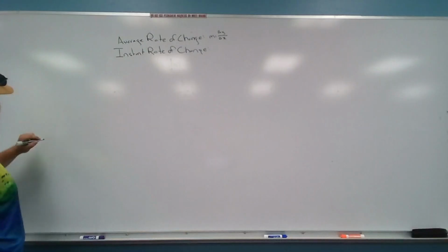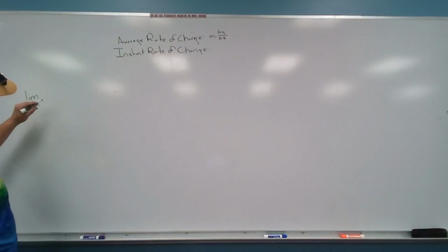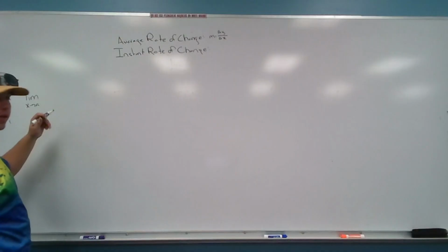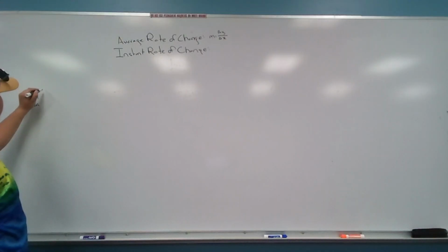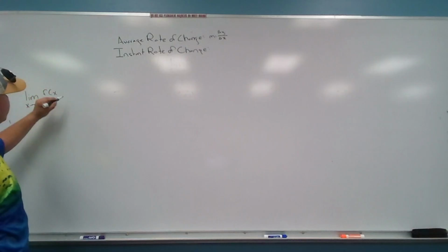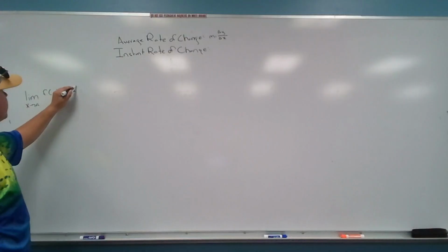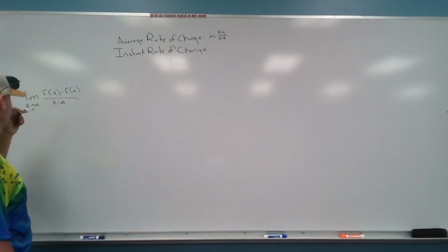So, as x approaches a, we're going to have f of x minus f of a, all over x minus a.